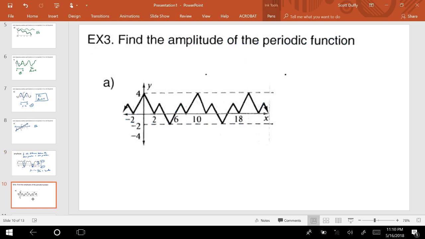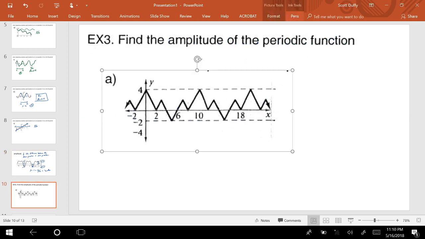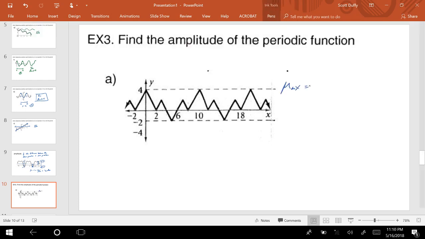Find the amplitude of this periodic function. What we see is that the max is at y equals 4. The minimum is at y equals -2. Four minus -2 equals 6.